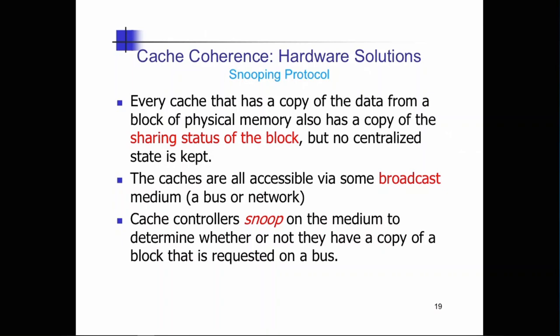The third point that goes into this is the cache controllers snoop or monitor on the medium to determine whether or not they have a copy of a block that is requested on a bus. So whether I have a copy of a block that has a potential to be written onto, I will know that only by snooping on that particular broadcast medium or bus.